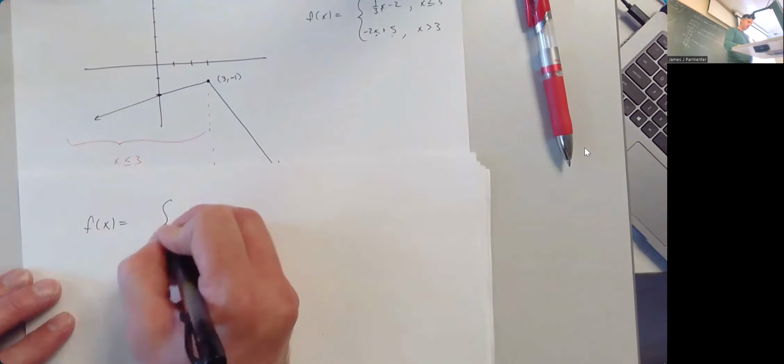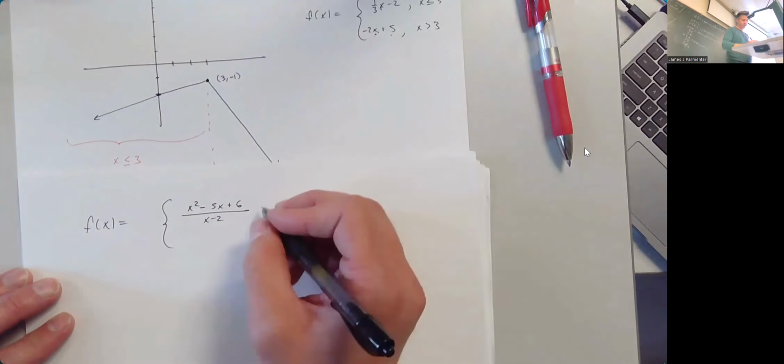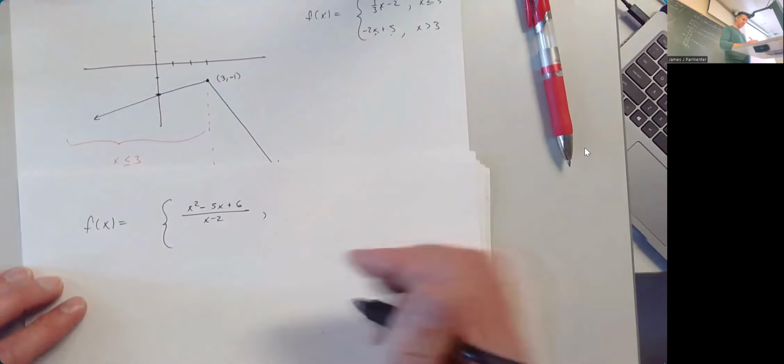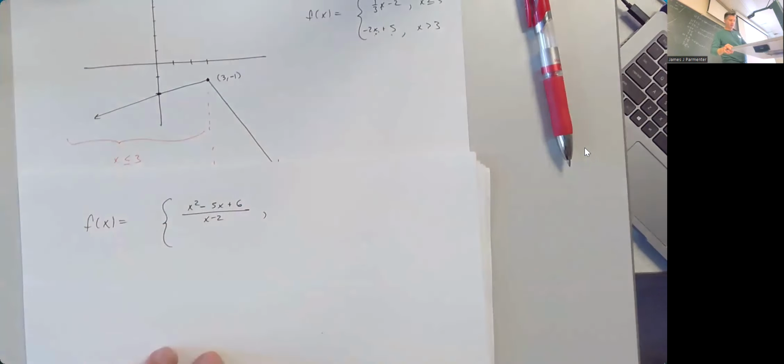So let's say we have this function, f of x equals x squared minus 5x plus 6 over x minus 2. No, let's just leave it at that. Sorry, I'm going to write that again. We'll save that for the next one.